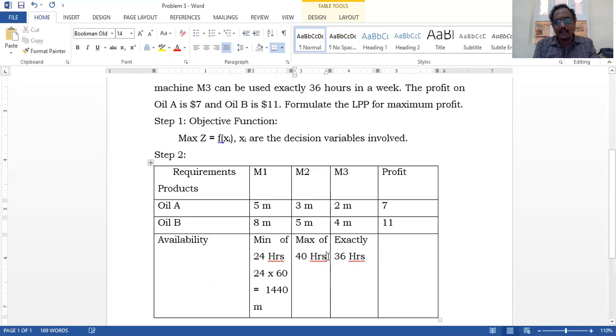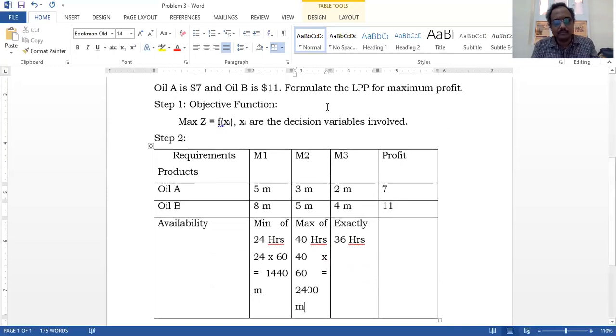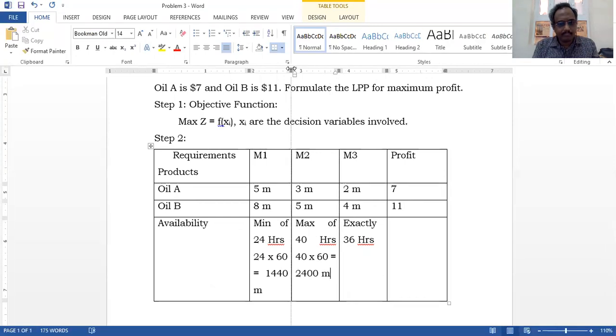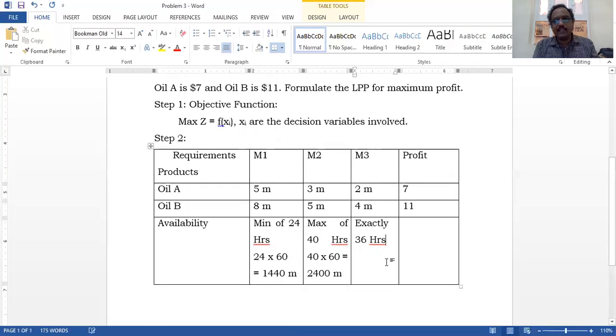The same idea, 40 multiplied by 60 is equal to 2400 minutes. And finally, we have 36 hours, so 36 multiplied by 60 is equal to 2160 minutes.